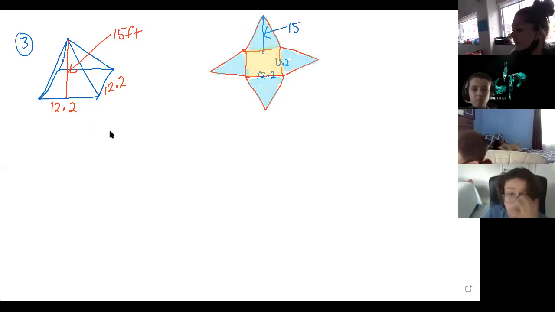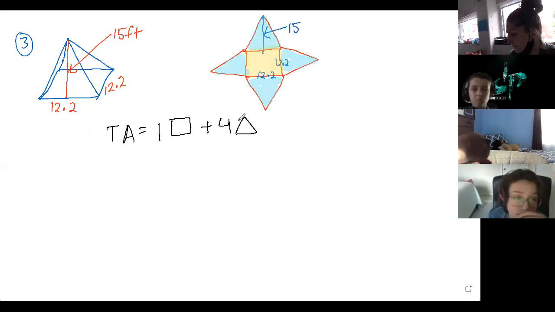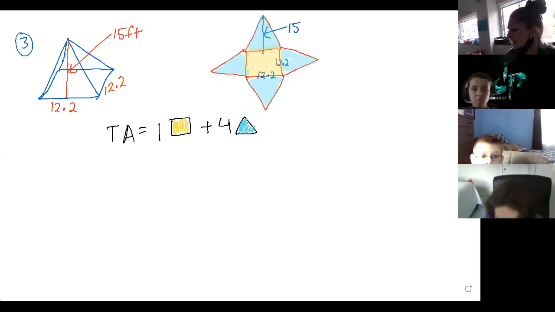So my total area, give me a statement that represents the total area of this figure. One of the yellow squares, right? Watch this. Do you like that? That's very fancy. That's very visually supportive, isn't it? Okay, talk to me.